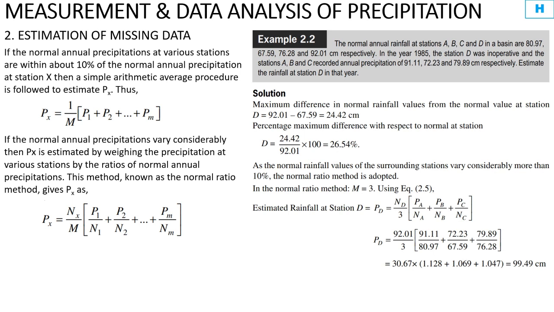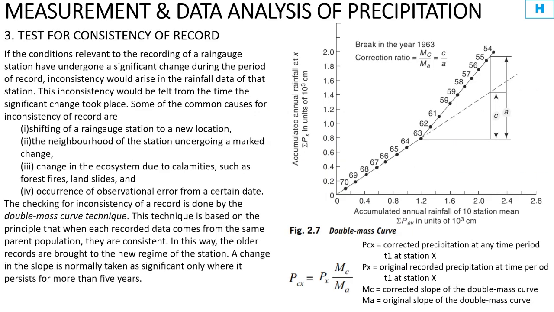So ito kasama ng tatlo. Estimated precipitation depth ni station D for year 1985. So next, of course, yung mga data na na-record nga ng rain gauges natin, we need to test for consistency.